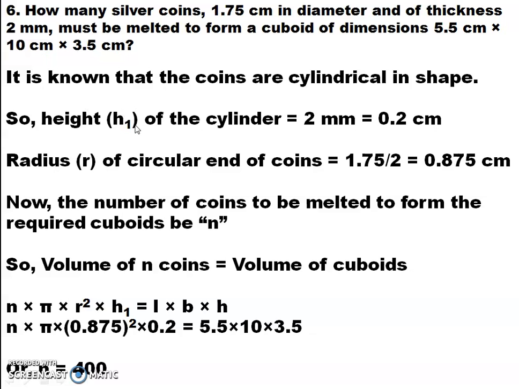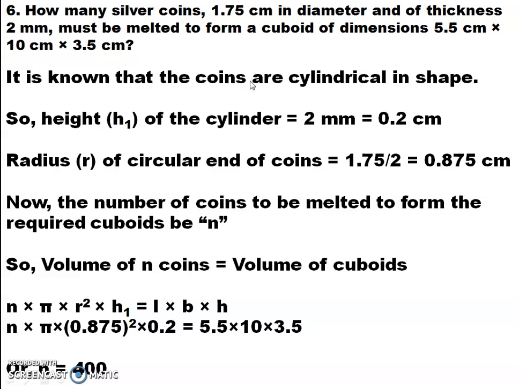Now, what is the shape of a coin? Coin is assumed to be cylindrical in shape. So, the two shapes that you deal with here are cylinder and cuboid. Cuboid does not have pi in it, so initially you will calculate pi.